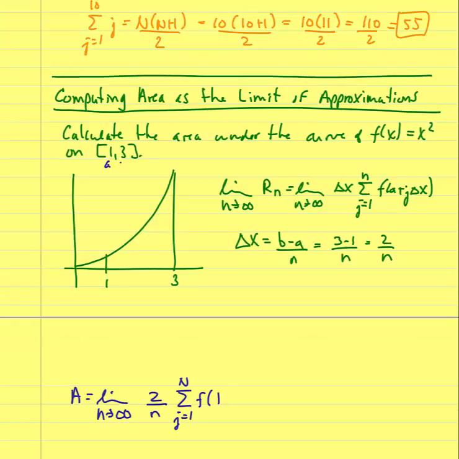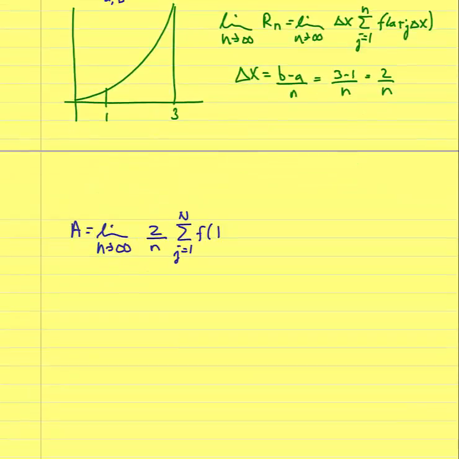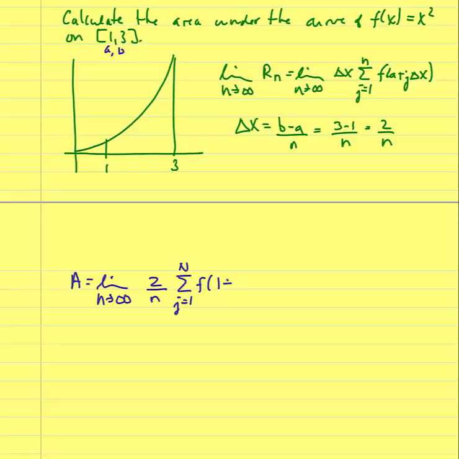Okay, because this is from a to b. So this is going to look like 1 plus j delta x. Now delta x was 2 over n, if you'll recall. So it doesn't really look like I'm making much headway here to make this a doable problem, but it'll get better once I start trying to plug this into the original.